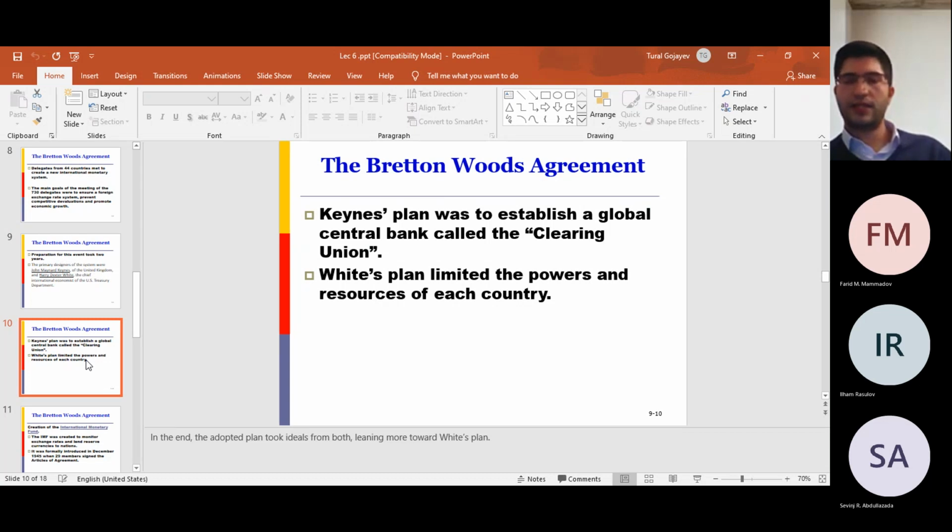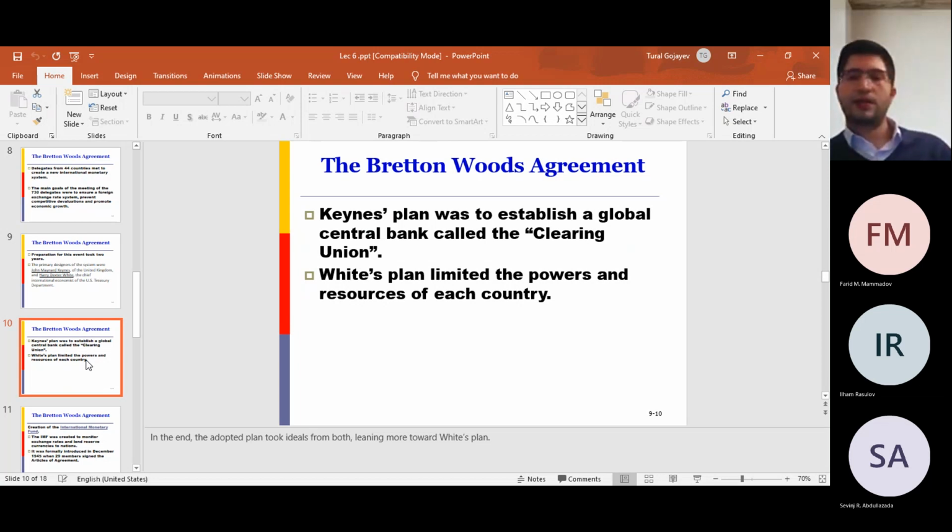Firstly, designing the Bretton Woods Agreement and creating the International Monetary Fund related to its objectives, etc. Keynes' plan was to establish a global central bank called the Clearing Union. So it was his plan, but actually he didn't create that Clearing Union.